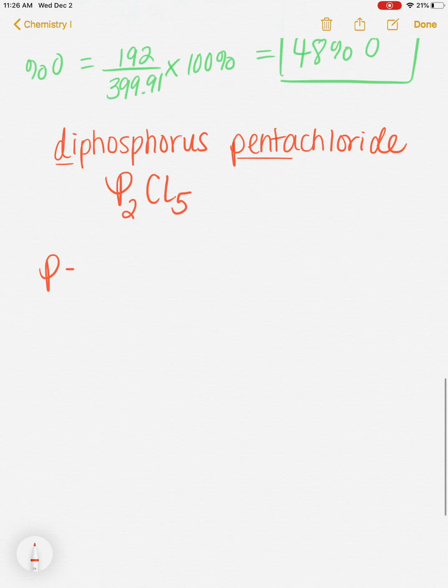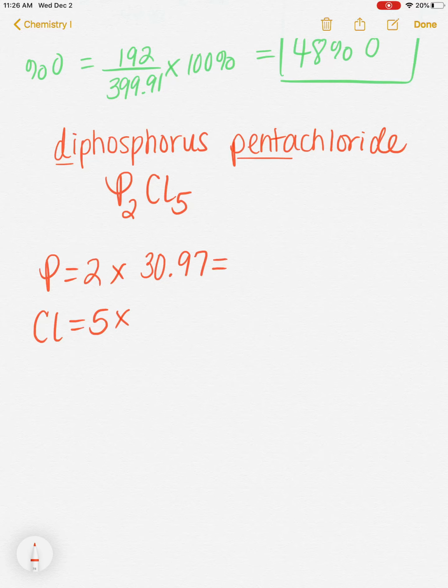So next we will list that we have 2 phosphorus. We have 5 chlorine. We're going to look up their masses on the periodic table. The mass of phosphorus is 30.97. So 2 times 30.97 gives us 61.94.